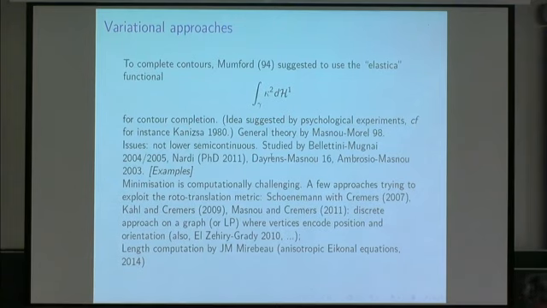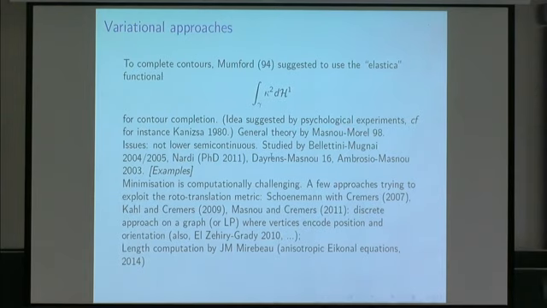And this elastica functional is interesting, and it has been studied a lot, not only in the context of imaging, but mostly in the context of imaging and inpainting. And it has a lot of problems. It's not easy to discretize or optimize, but it's also theoretically not easy to handle because it's not really lower semi-continuous, so you don't know if you have minimizers.